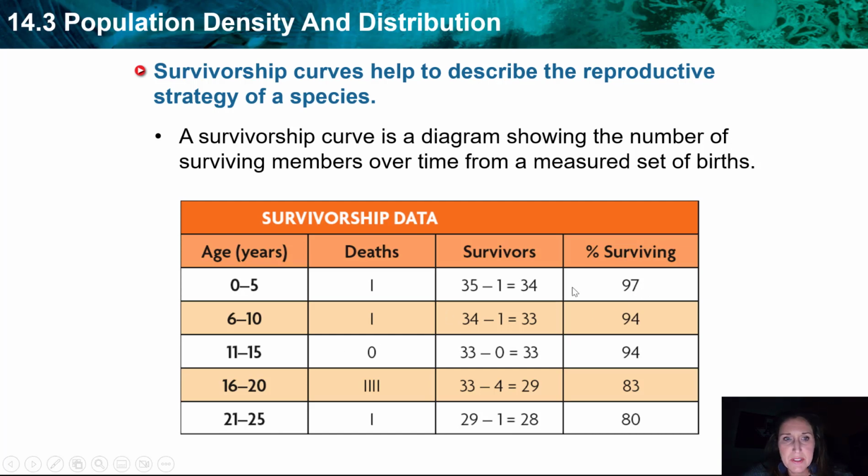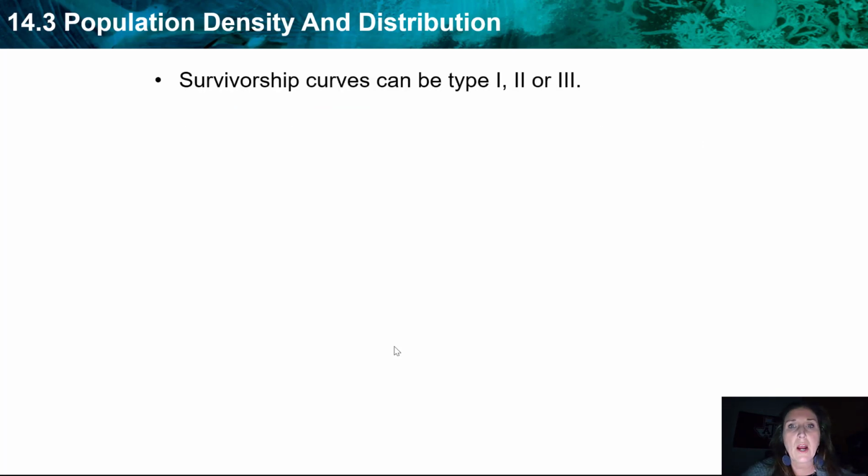So 97% of the children that are born, basically, are going to make it to 5 years. 94% of the children born that make it to 5 years are going to then make it to 10 years, and so on and so forth. Okay, typically you are not asked to calculate the survivorship, but identify the strategy or identify the survivorship curve. All right, so we have a 1, 2, or 3 strategy.